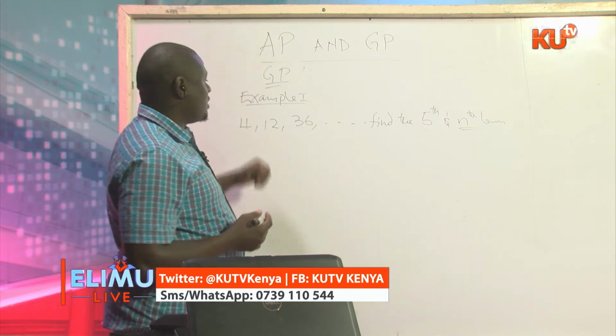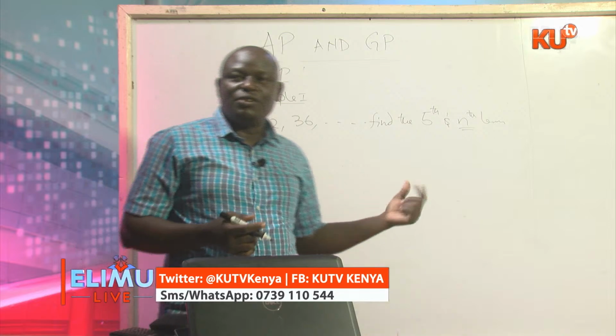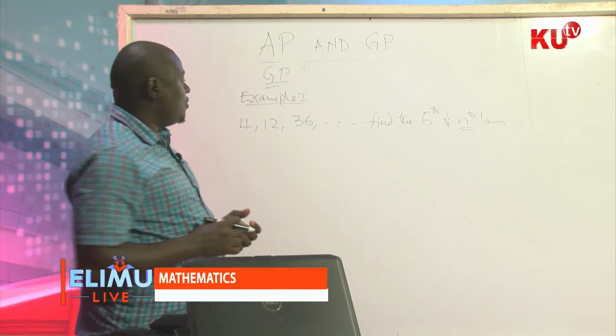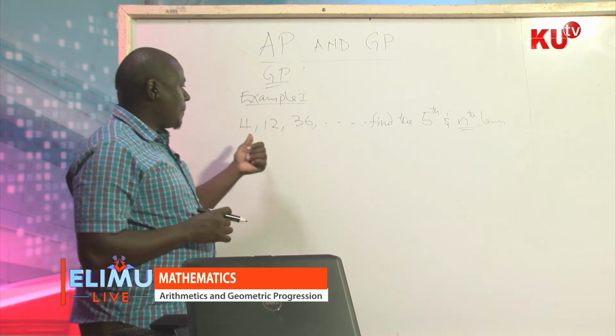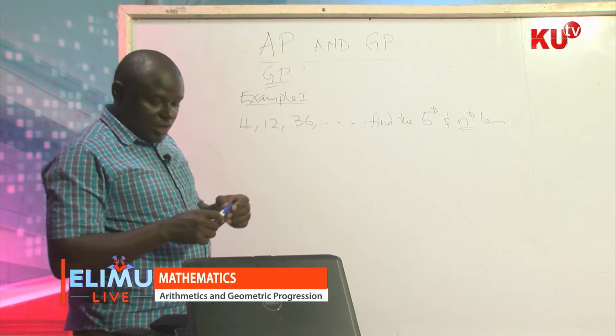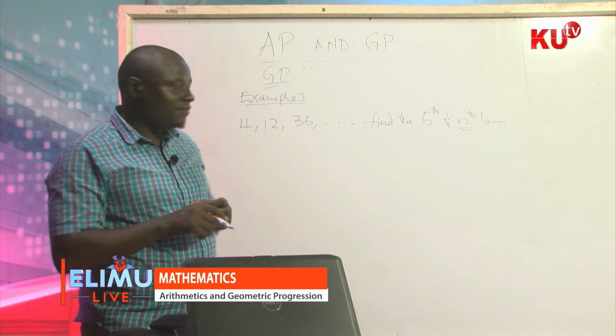All right, we can get the fifth term. First of all, we need to find out, is this an AP or a GP? I told you how to go about that. We shall do that by dividing current by the previous.